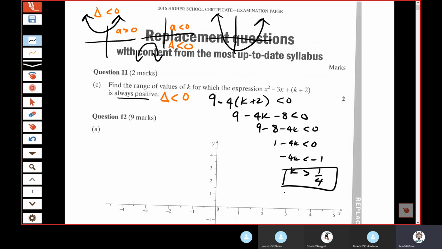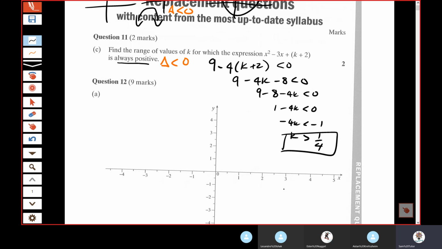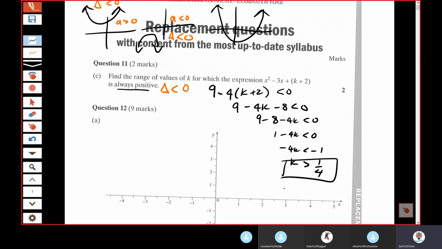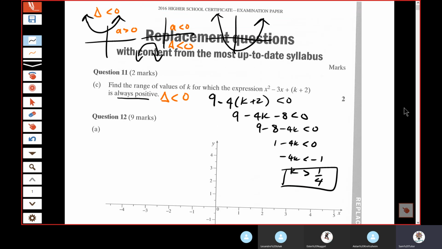Okay. Any questions? Jana, you look like you've got a question, but you're not saying anything. Where's the 4 coming from? Do you know what the formula is for discriminant? No? What's your quadratic formula?